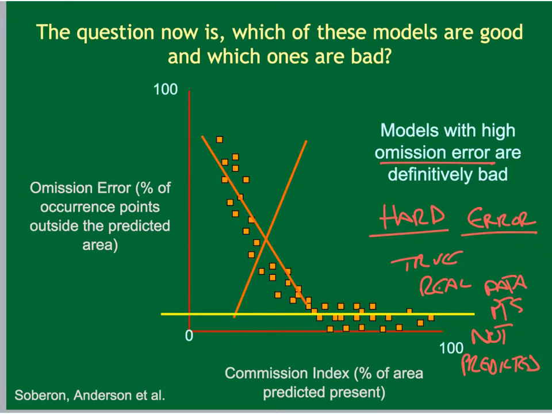Commission, again, we don't know what the ideal commission value should be. That's going to be dependent on whether it's a cosmopolitan species that's widely distributed or a species with a very narrow geographic distribution. And because we won't know that ahead of time, we'll have to come up with a criteria for selecting the best commission values.